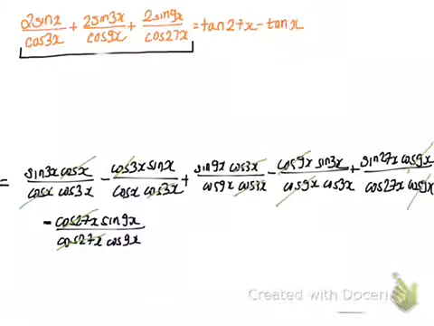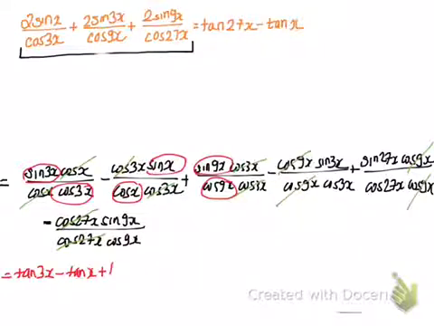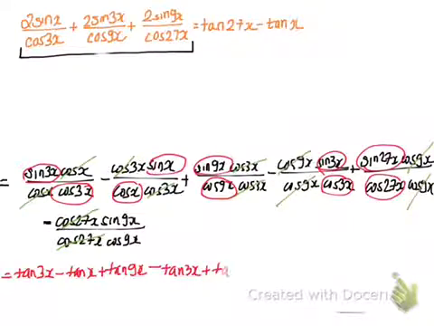So finally what we can write is sine 3x divided by cos 3x is tan 3x, minus sin x divided by cos x is tan x, and then plus sin 9x divided by cos 9x is tan 9x, minus sin 3x divided by cos 3x is tan 3x, and then sin 27x by cos 27x gives tan 27x, and then negative sin 9x by cos 9x is tan 9x.